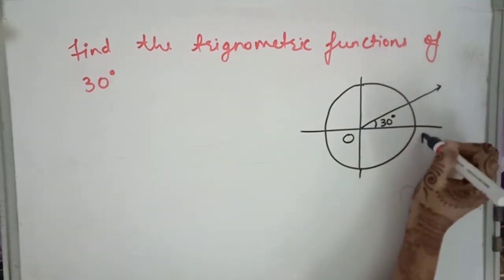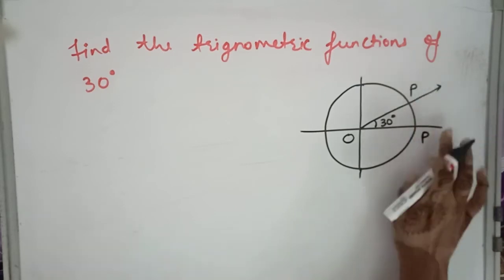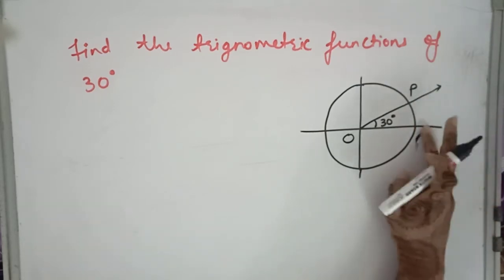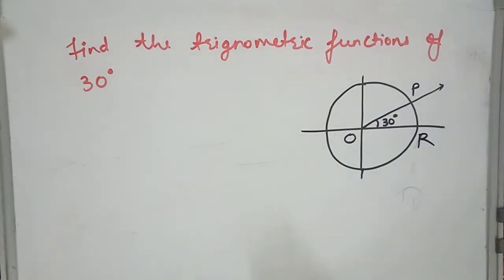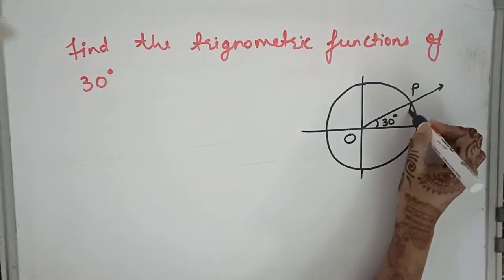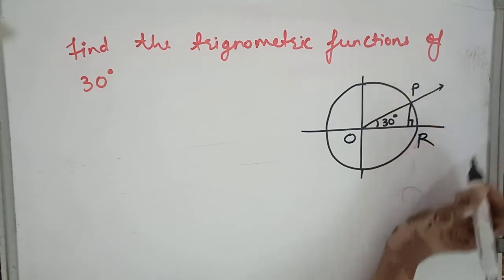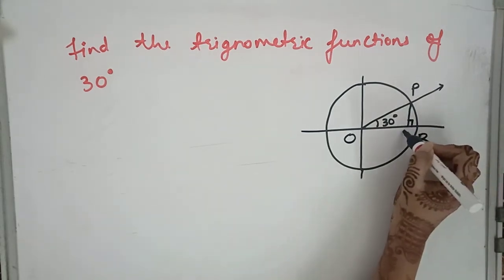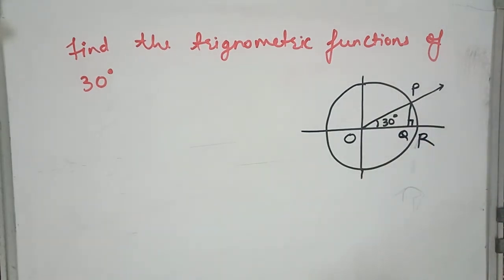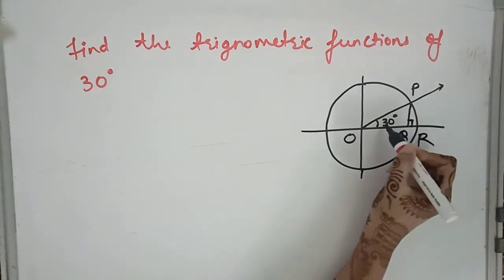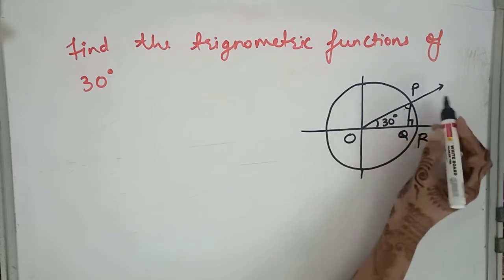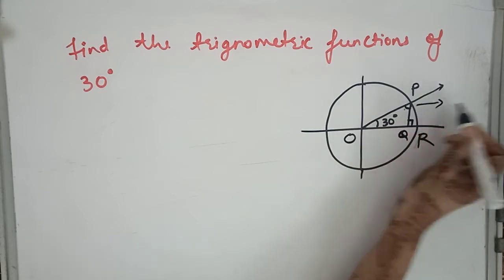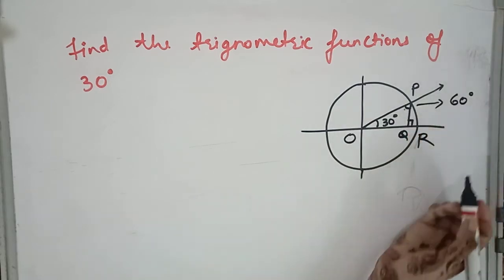This is point P, and suppose this is point R. We'll first draw the height, that is PQ. This will be the 90, this is the 30, so angle P will be 60 degrees.